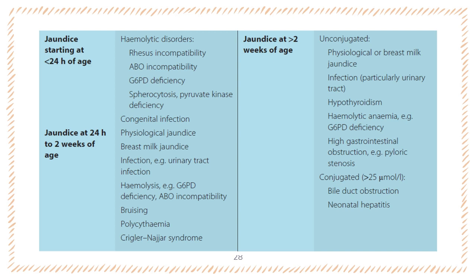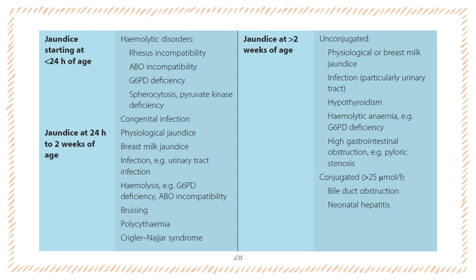If a baby less than 24 hours of age is having a high level of jaundice, this can be because of congenital infection or because of a hemolytic disorder. The hemolytic disorder can be either Rh incompatibility, ABO incompatibility, G6PD deficiency, or a membrane issue like spherocytosis or pyruvate kinase deficiency.